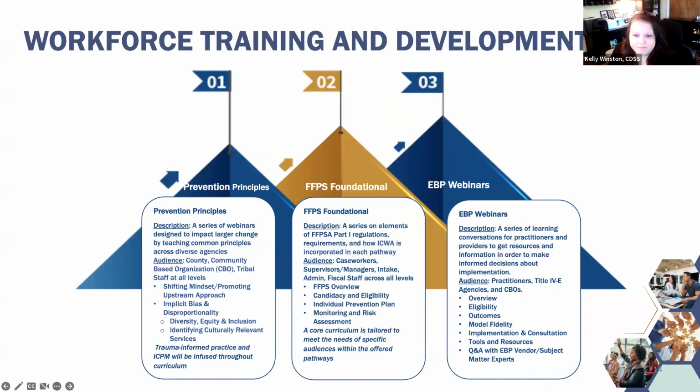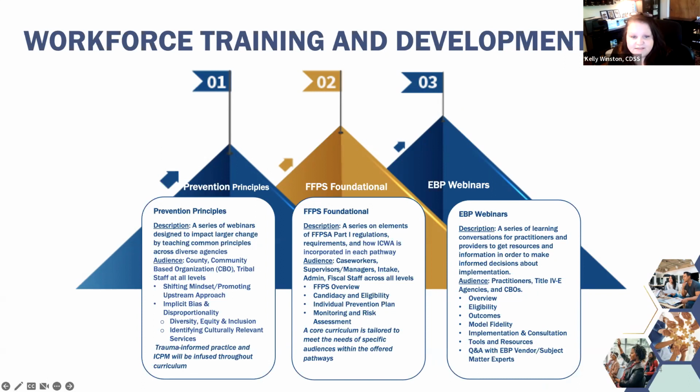Okay, so I just want to share with you all of this basic information regarding our plans for workforce training and development. This includes what was in the most recent draft of the 5-year state plan. And if you're interested in looking more at that prevention plan in detail, I think we're dropping a link in the chat there.